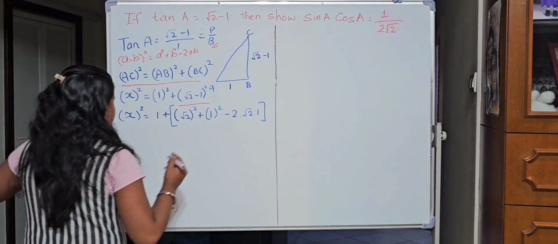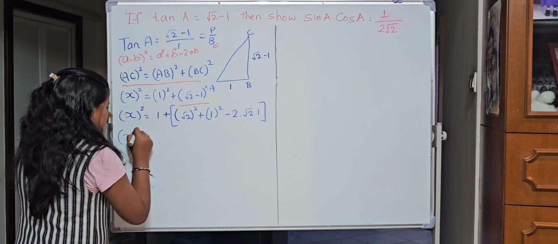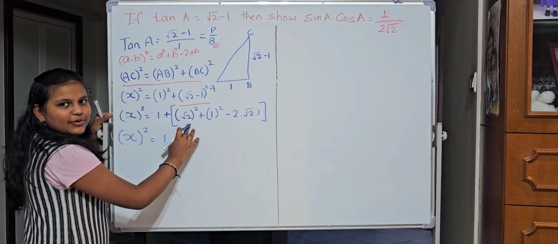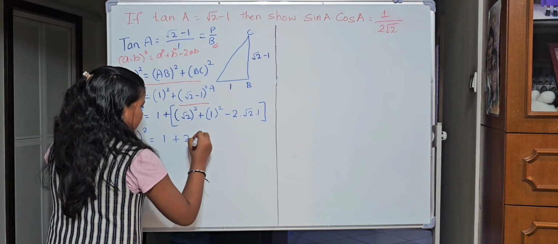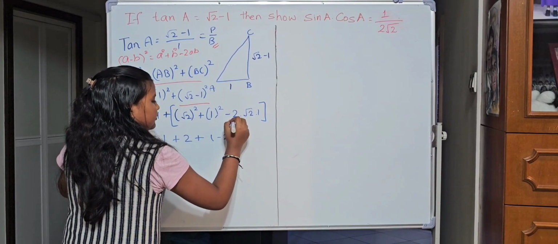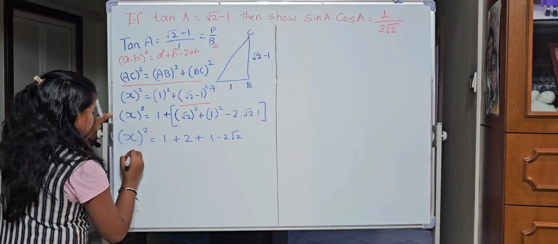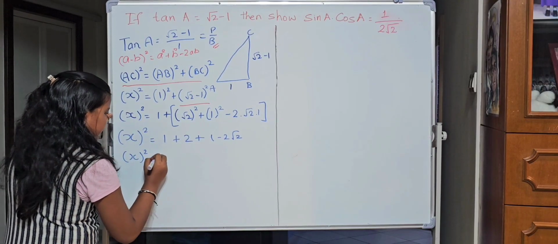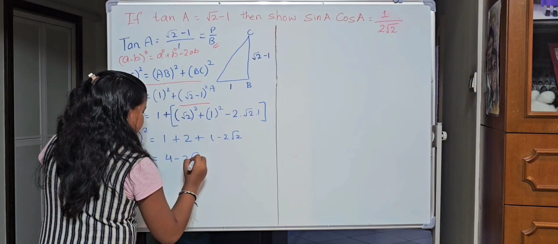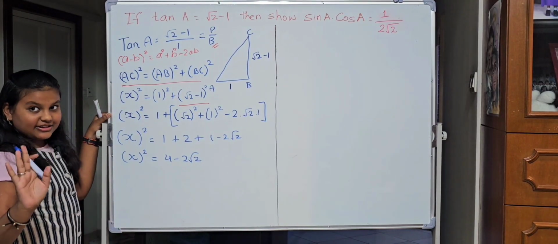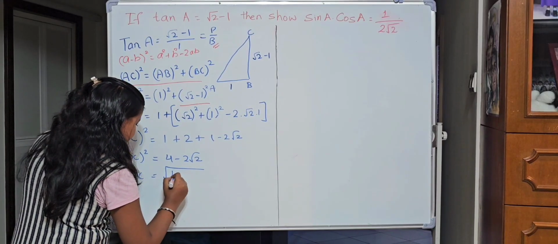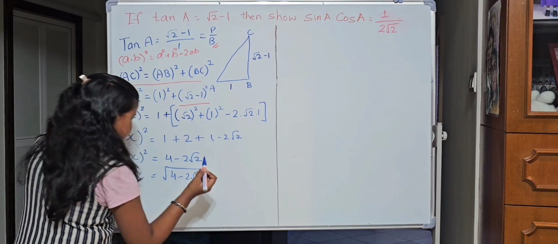Next step, x square equals 1 plus root 2 square. What is root 2 square? Yes, it's 2. 1 square is 1 and minus 2 root 2, multiply 2 into root 2 into 1. Now x square equals 1 plus 2 plus 1, that is 4 minus 2 root 2. But this is x square's value. X equals root over 4 minus 2 root 2.